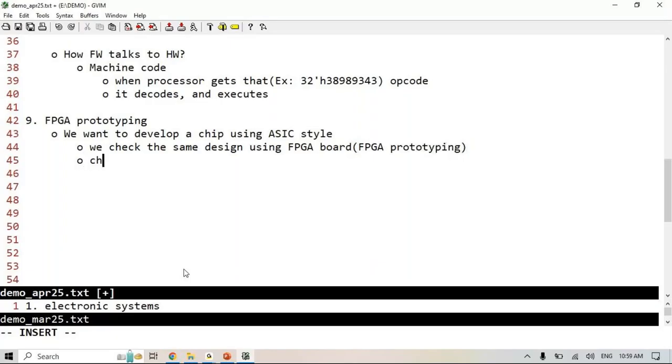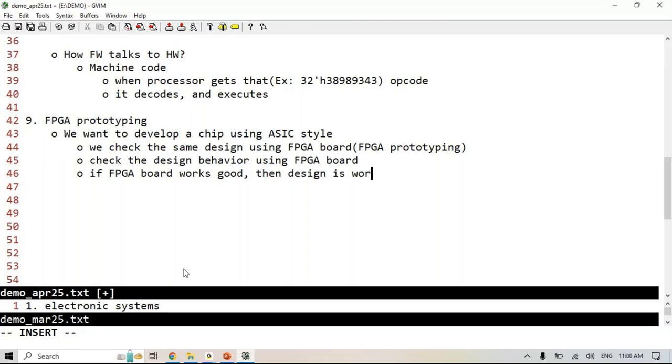Then we check the design behavior on that FPGA board. If the FPGA board functions fine, works well, then the design is good, right? The design is working fine. Then go for ASIC production.